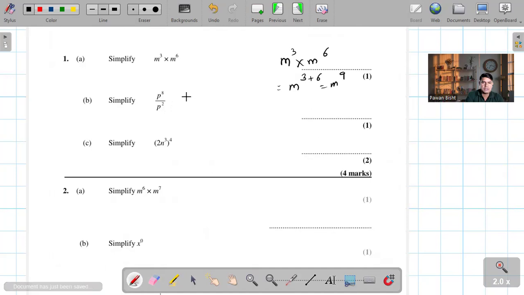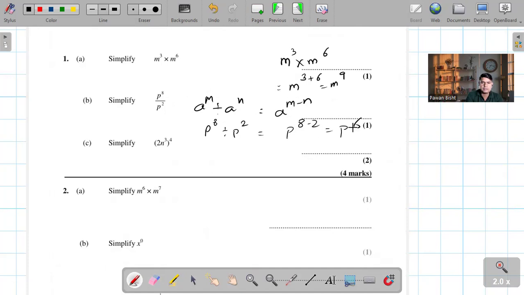Which property are we using here? The second indices property, a to the power m divided by a to the power n. Base same, powers get subtracted, a to the power m minus n. So p to the power 8 minus 2, which is p to the power 6.